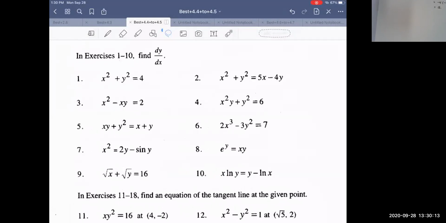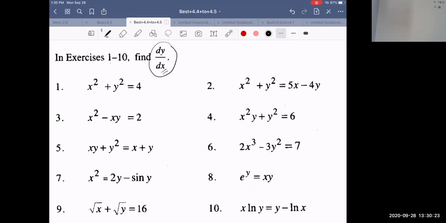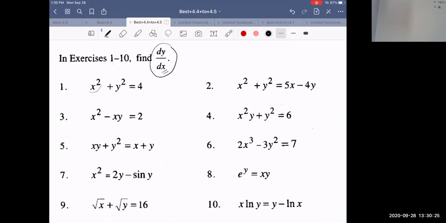Anyway, so look, the idea is this: we always take the derivative with respect to the variable x, unless you're told otherwise, right? So whenever you see an x, no problem. Like, you know that the derivative of this term is 2x, right? But over here, we're also taking the derivative with respect to x of the variable y.